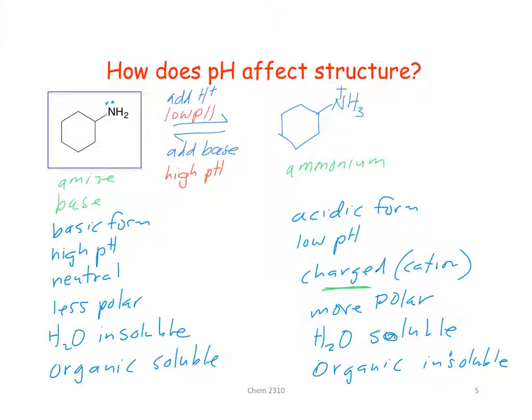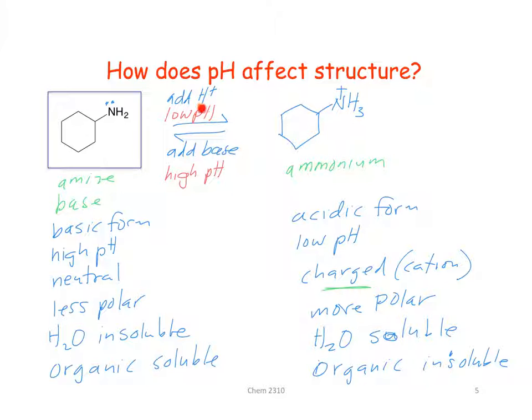So, in both of these examples I've just showed you, we can change the ionization state of the acid or base by changing the pH of the solution. If we wanted to shift this amine to the ammonium ion, we just add aqueous acid.